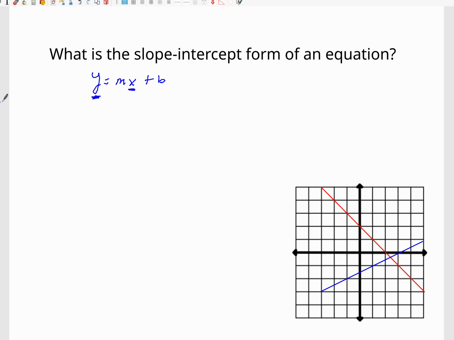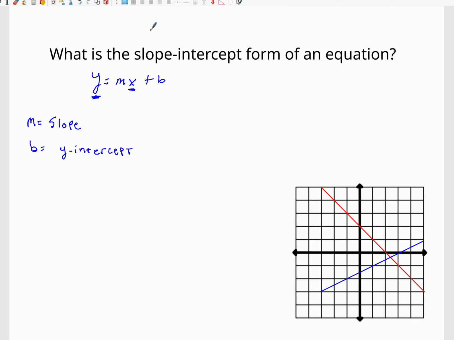So do you remember, those of you who had pre-algebra last year, what does m stand for? Slope. M is the slope. So we're going to talk about slope here in just a minute. And then B is the y-intercept, which is weird that we have the letter y showing up again, but we'll talk about that in a minute. So M is the slope.